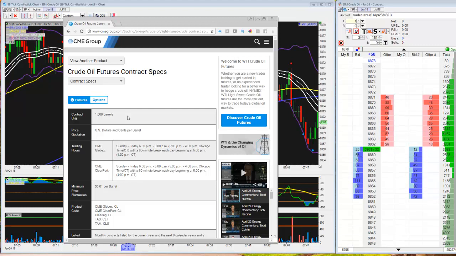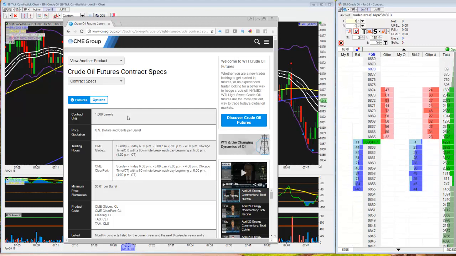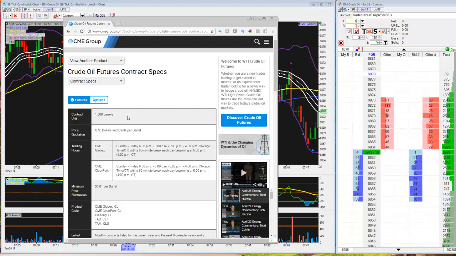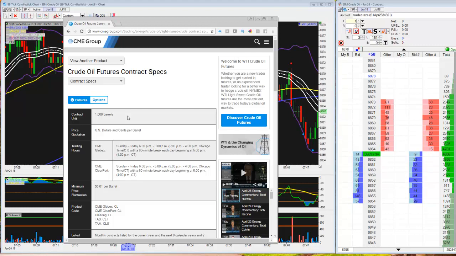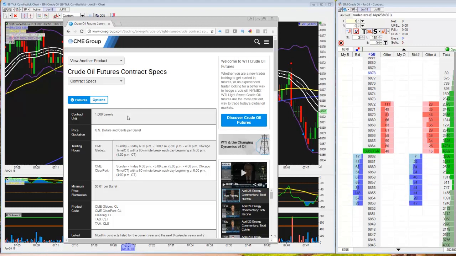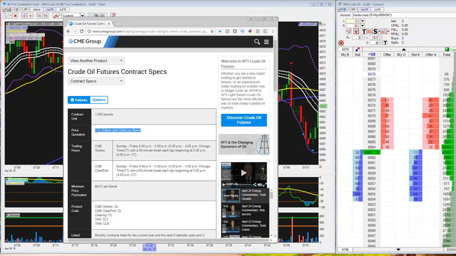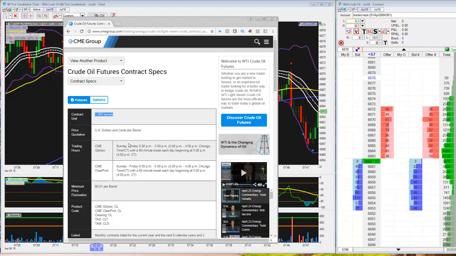So the 6860 divided by 1,000 gets you the $68.63-64 that we're trading right now, right? So that's how much a barrel of oil is costing on the futures market, in US dollars and cents per barrel, and you're controlling 1,000 barrels.